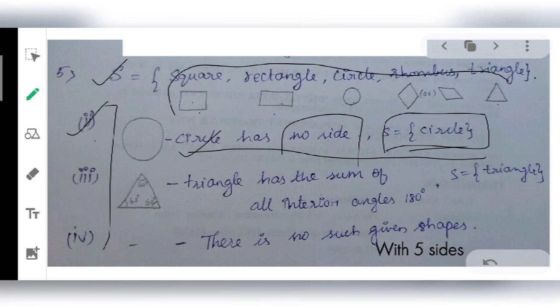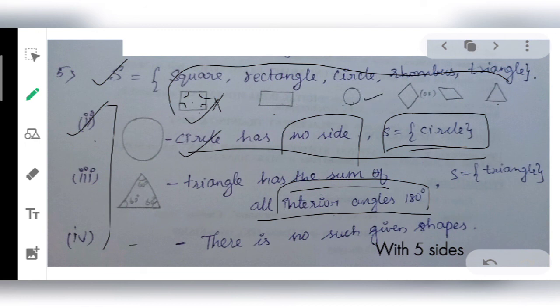Okay. The third question is to note the shape which has the sum of all interior angles 180 degrees. We can check the interior angles. The square has interior angles 90 plus 90 plus 90 plus 90 degrees, which is 180 plus 180, which is 360 degrees. So square is not the shape with this sum, and rectangle also does not have a sum of 180 degrees.